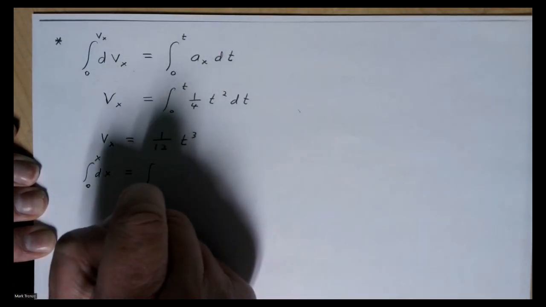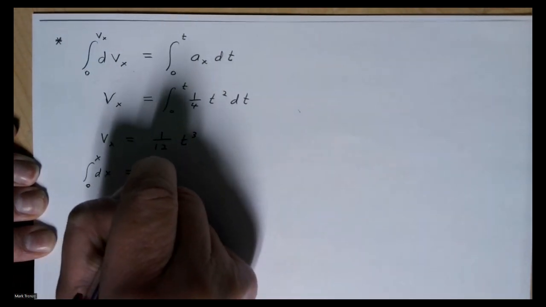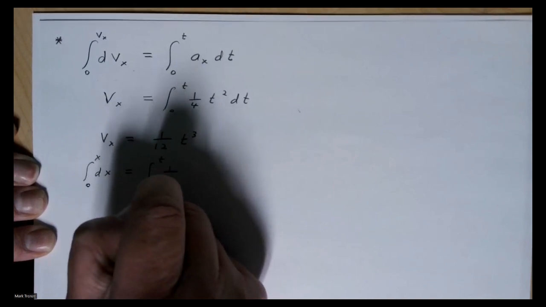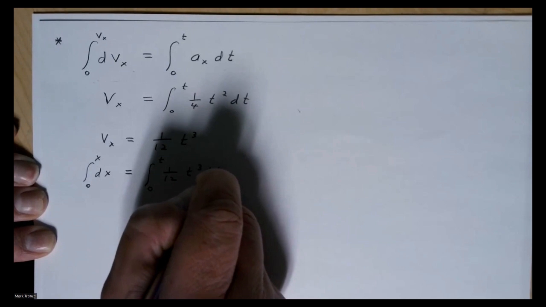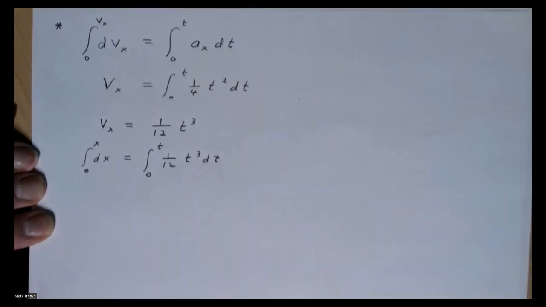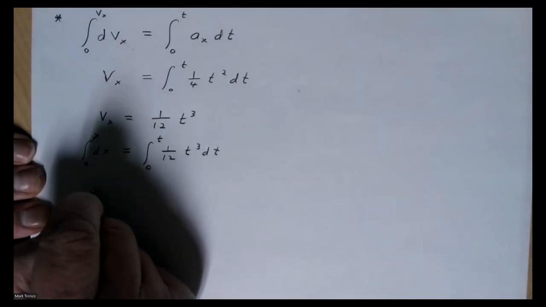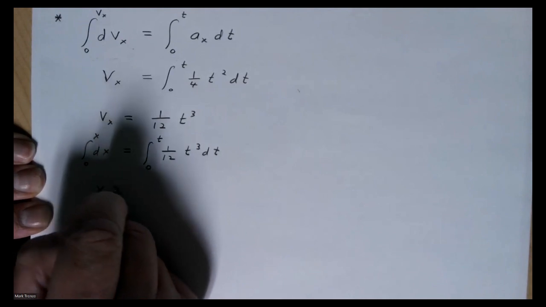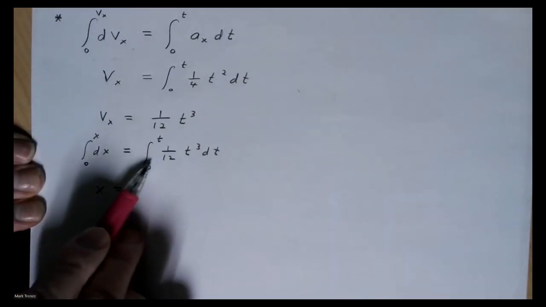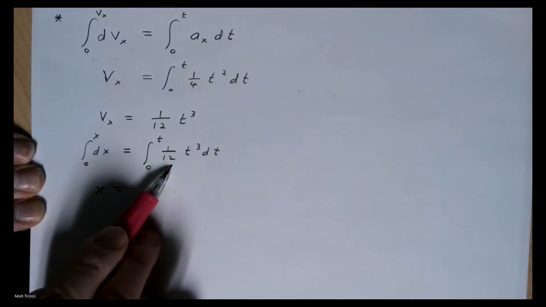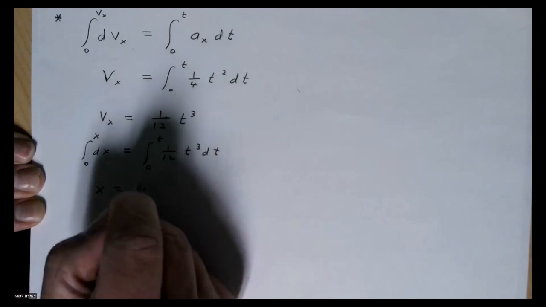So it's going to be 0 to t of 1/12 t cubed dt. And we do this, we're going to get x on the left, and we'll put in x and 0, still be x left with x, and divide this by 4, 1/48.